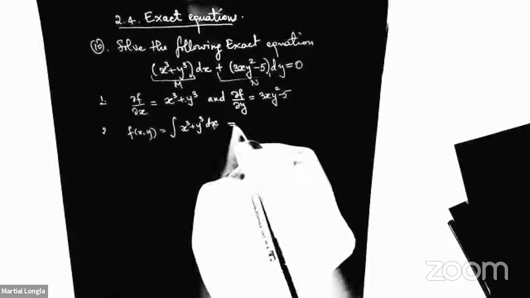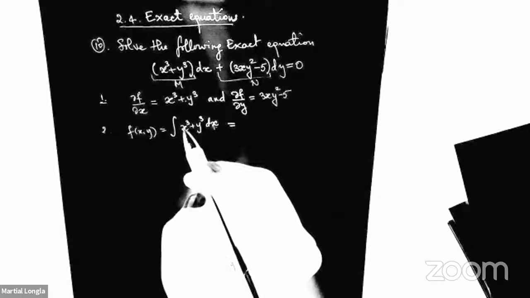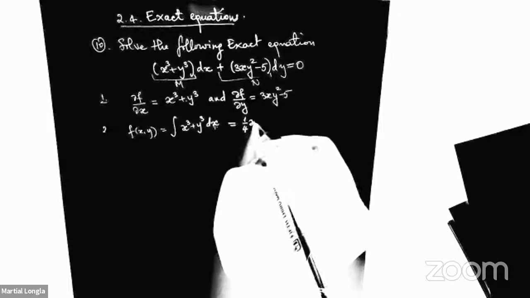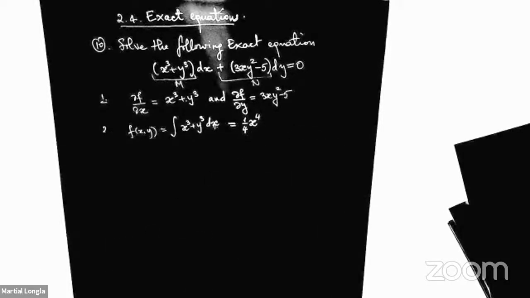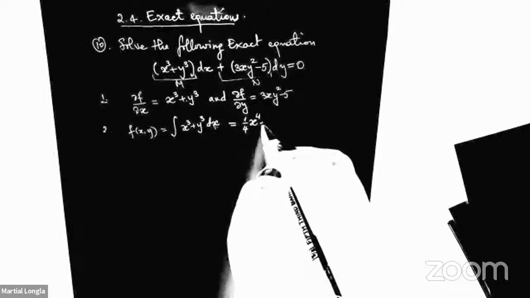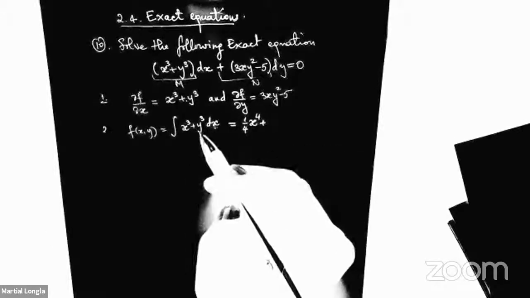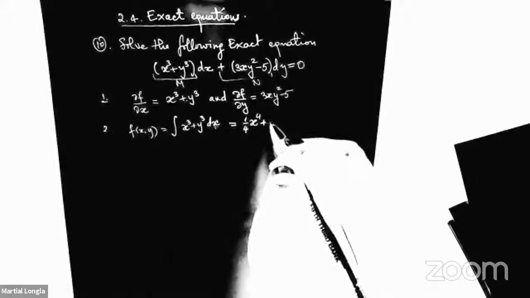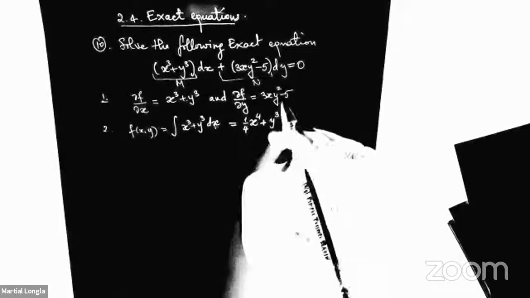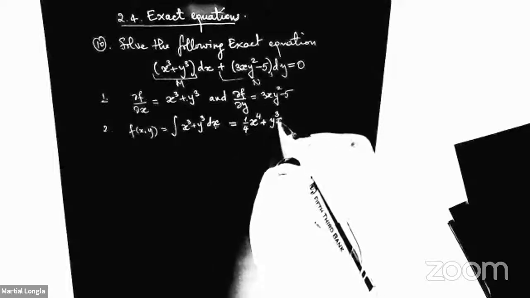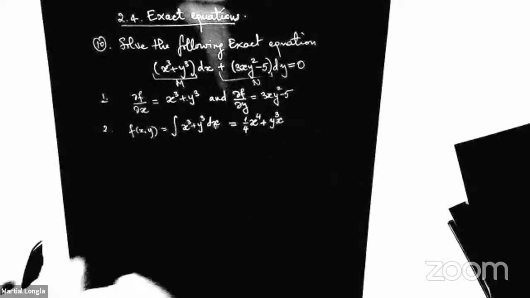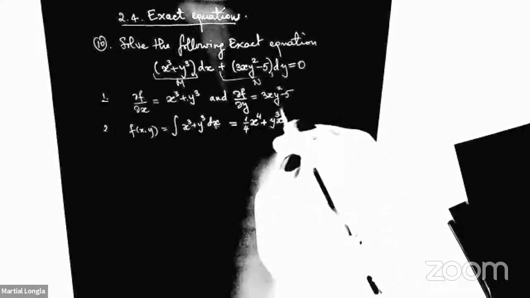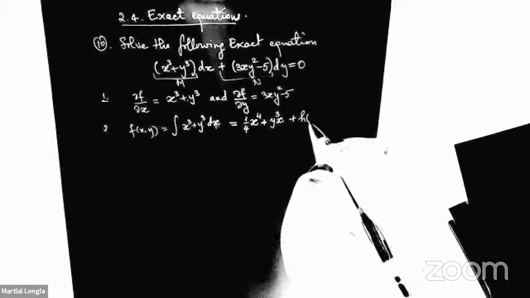So here, the integral of x cubed dx, that will be 1/4 x to the power 4 power rule plus the integral of y cubed dx. Y cubed is a constant, so the integral of dx will be x, so that's y cubed x plus the variable of integration, which in this case is a function of y.